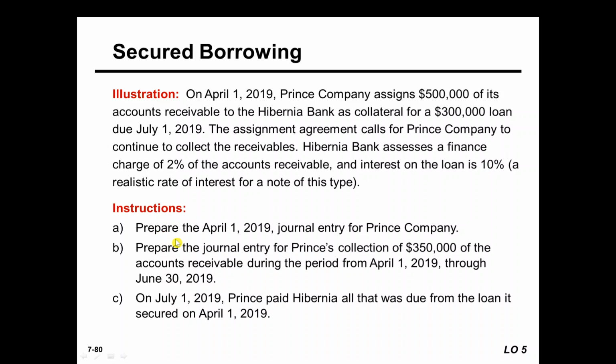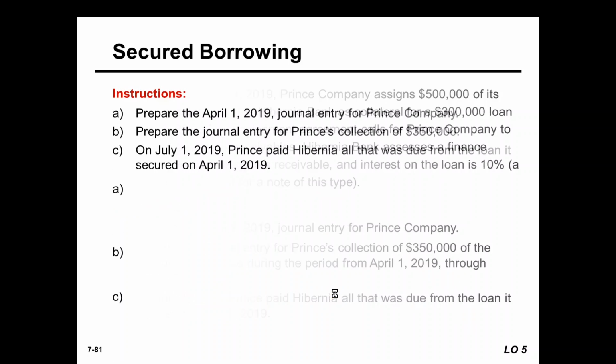So the instructions: prepare the April 1 journal entry, prepare the journal entry of Prince's collection of 300,000 of the account receivable during the period of April through June 30, and on July, Prince paid Hibernia all that was due on the loan. It's secured on April 1.